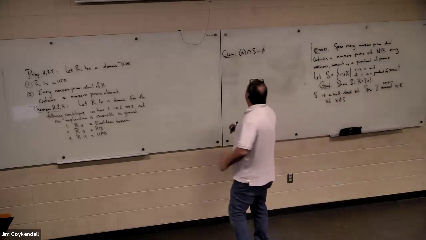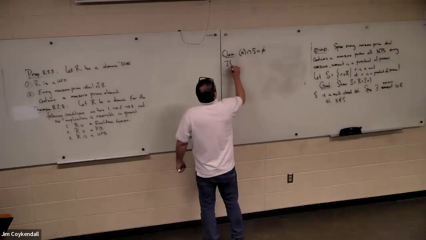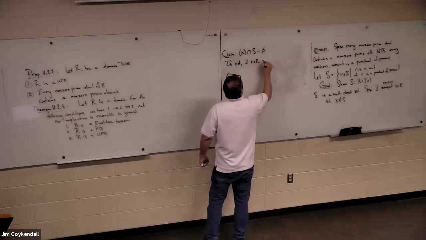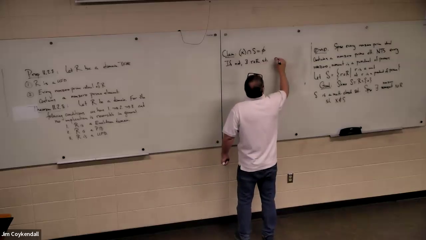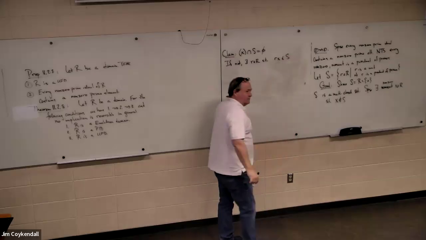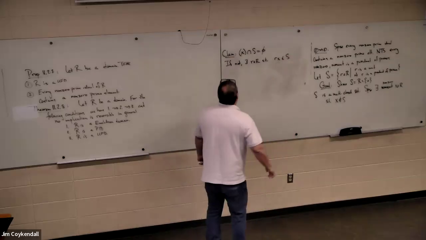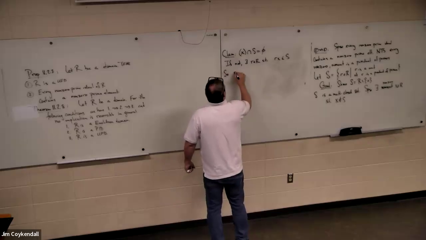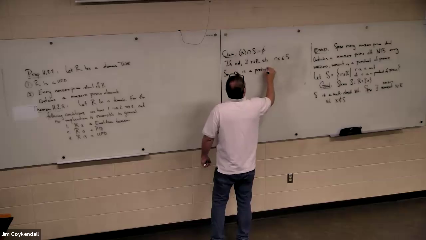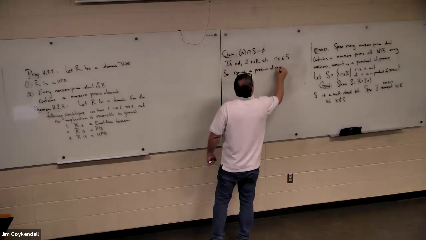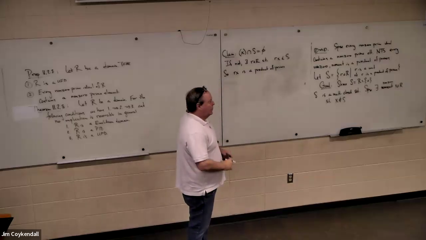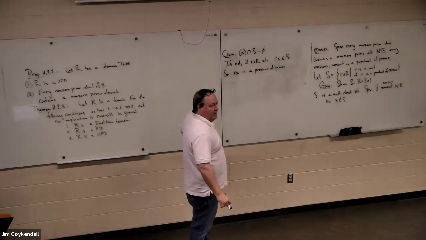Here's how I'm going to justify that. If not, there exists r in R such that rx is in S. So rx is a product of primes.